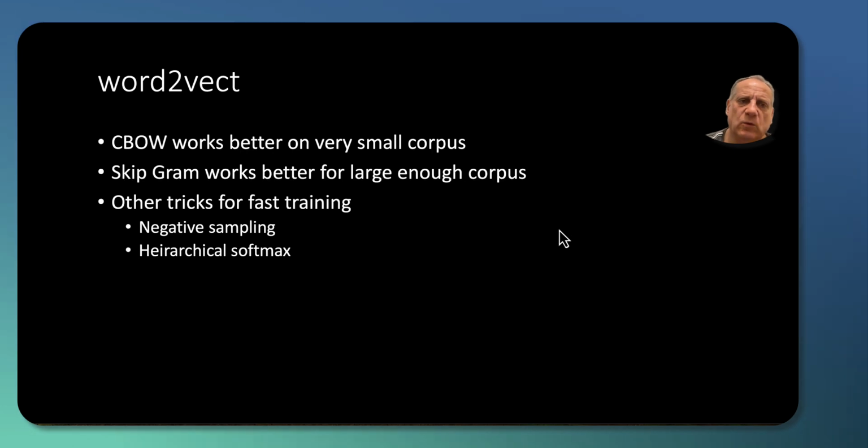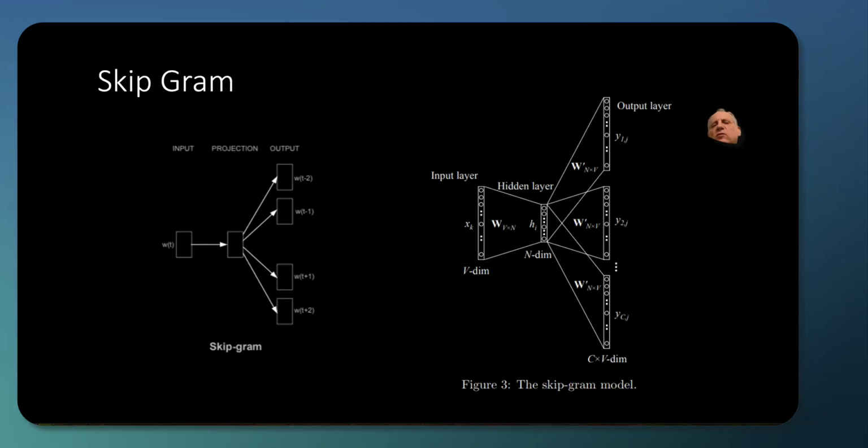And when you think about it, let's say you've trained this model. We don't really care that it's predicting these words. What we're interested in is that middle layer.